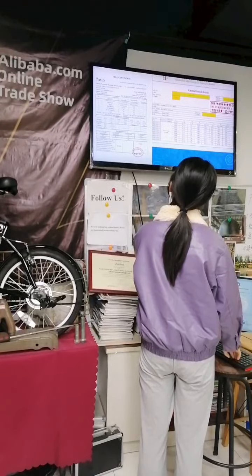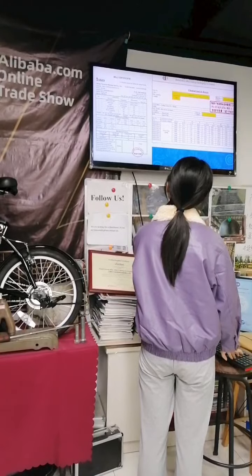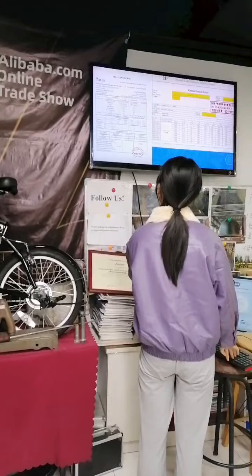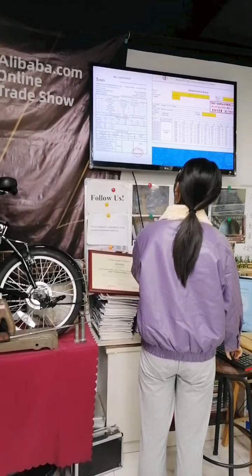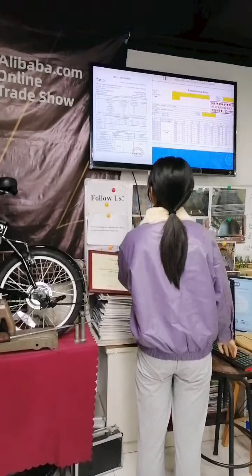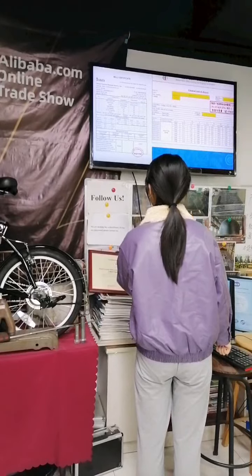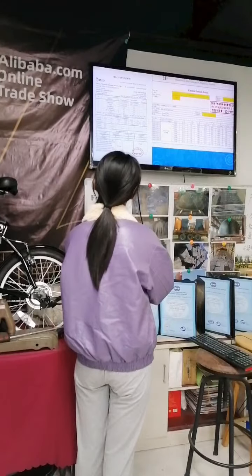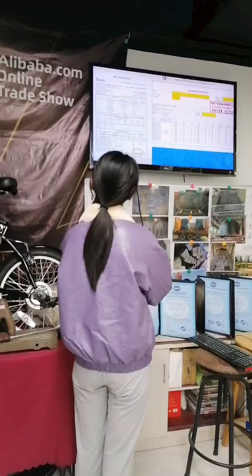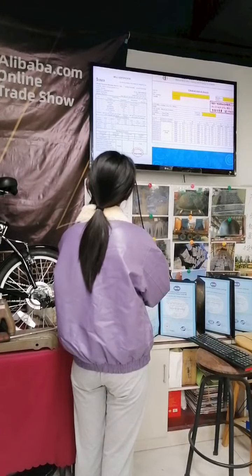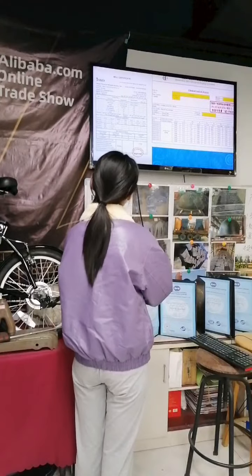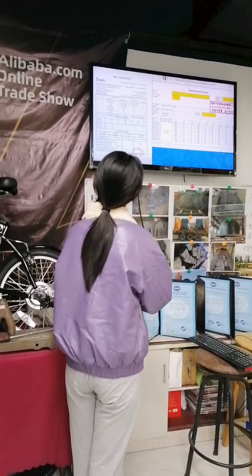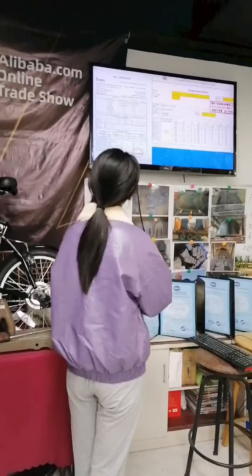The chemical analysis report is for Monel K500. And we will make sure the mechanical property is the same as your request.